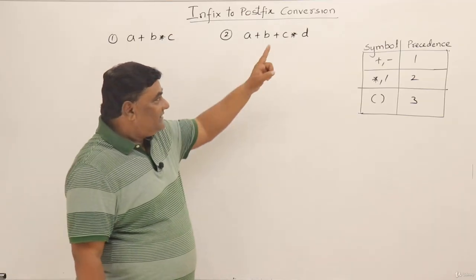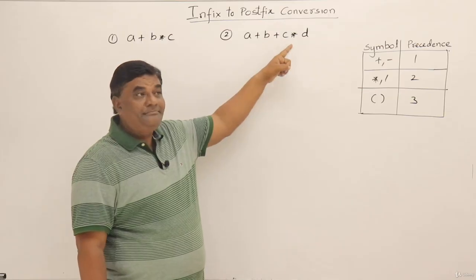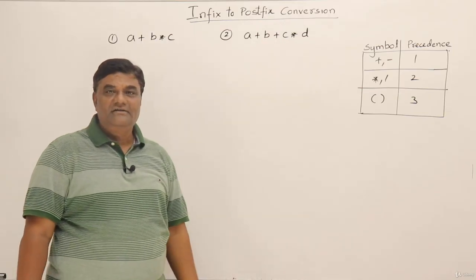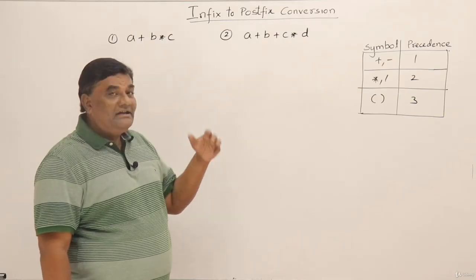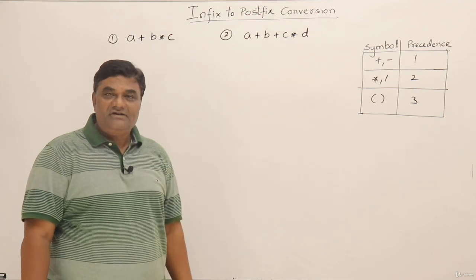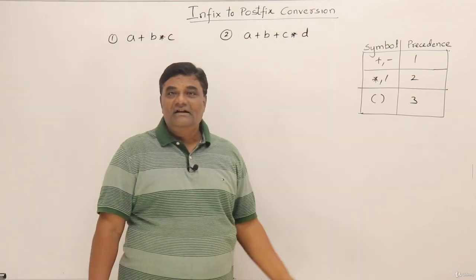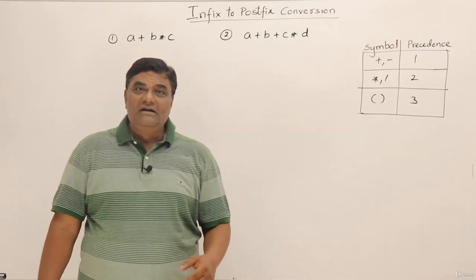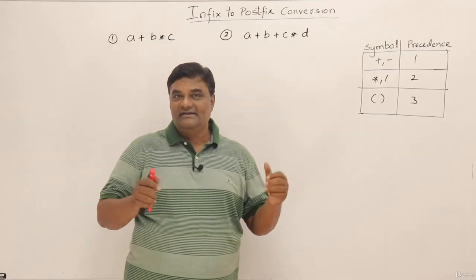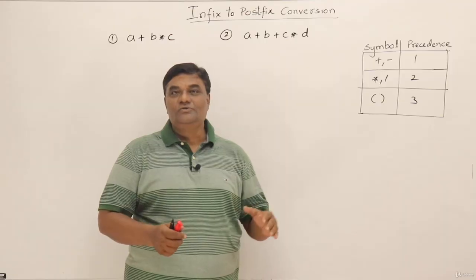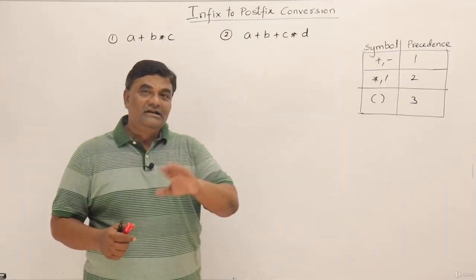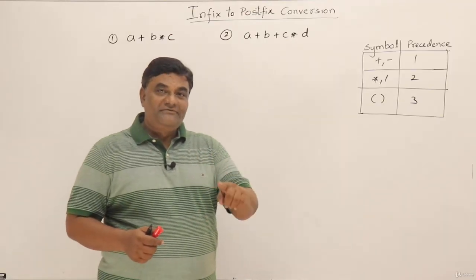But having higher precedence means first put that one inside the bracket. First you parenthesize that one. Then you parenthesize additions and subtractions. That is the meaning of precedence. So precedences as well as associativities are meant for parenthesization. So let us do parenthesization and then convert infix to prefix and postfix.